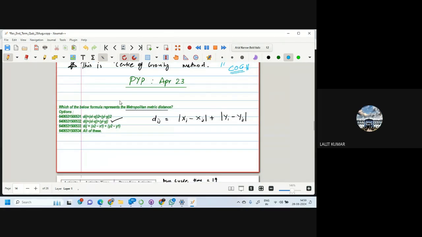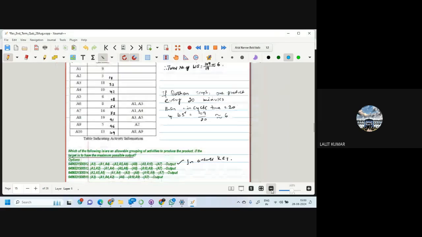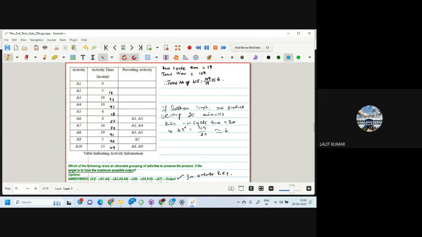Okay, so we start April 23, and so this is a metropolitan matrix. This is Manhattan, nothing new. So all of us know that we can do it. Okay, this is a question. For a certain activity, this activity chart has been given.